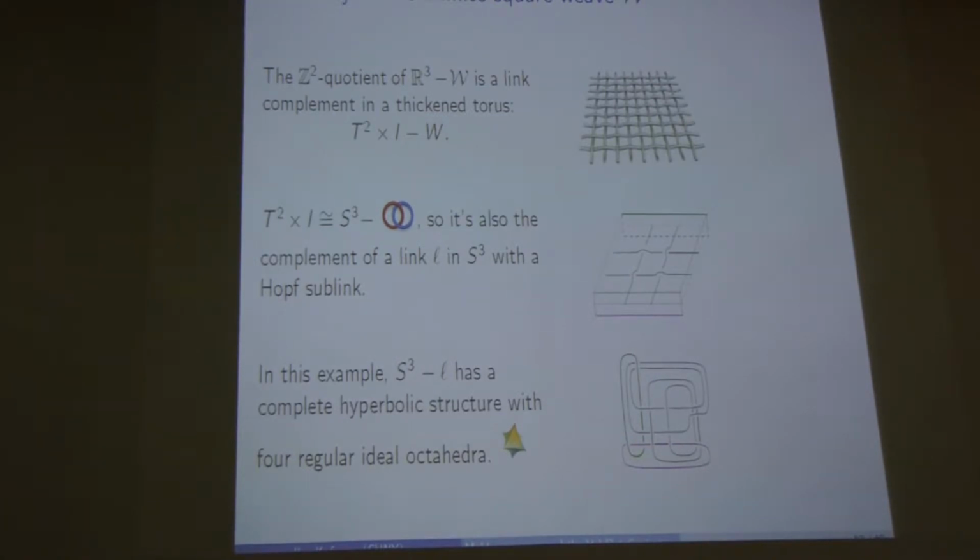That means the complement of this link in T² × I is also the complement of a link in S³ with a Hopf sublink. These two components are the Hopf sublink. You can feed that into SnapPy and find the geometry, and it turns out that this has a complete hyperbolic structure with 4 regular ideal octahedra.